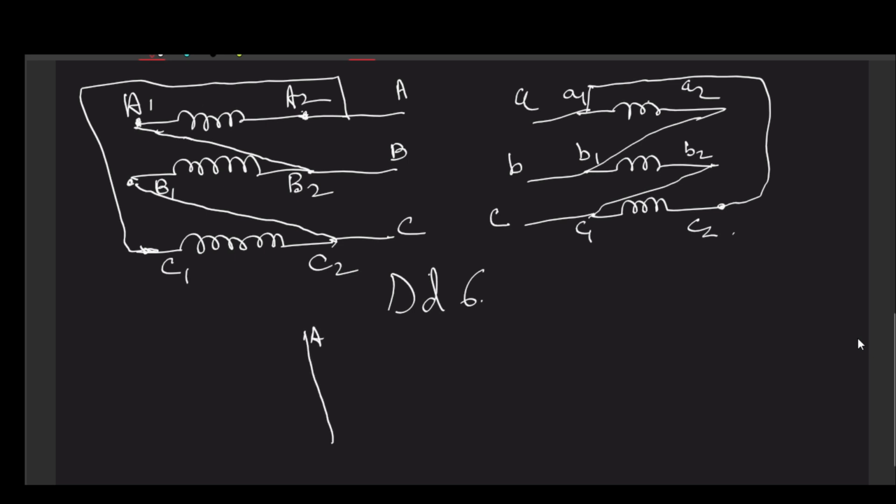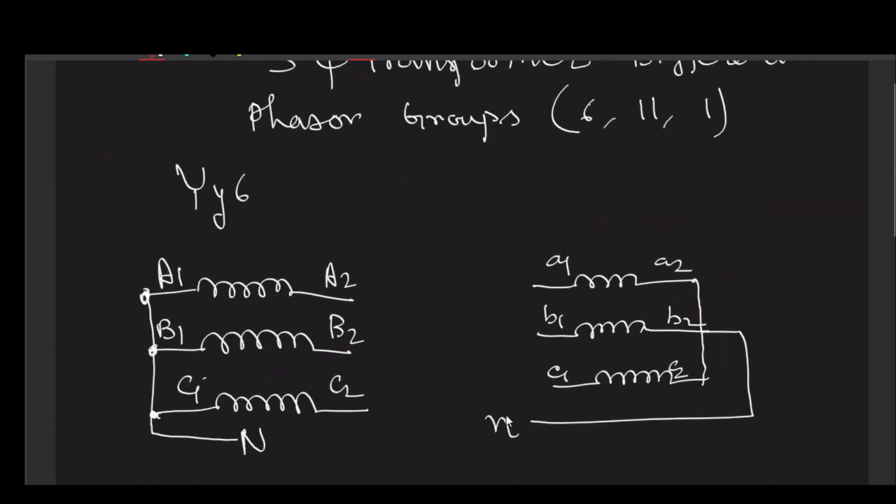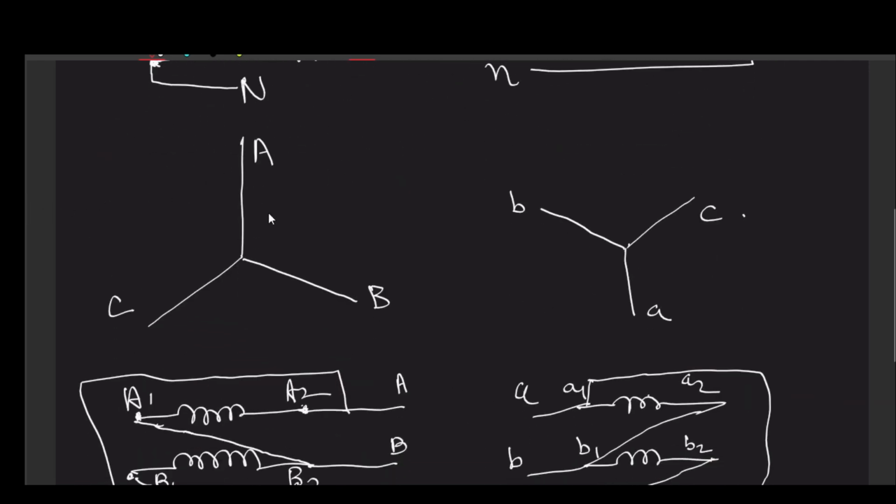Say this is our A2 A1, B2, B1, C2 C1. One thing I would like to make you understand that in this earlier case also, if we just mark it, what we will get is A2 A1 B2 B1 C2 C1.